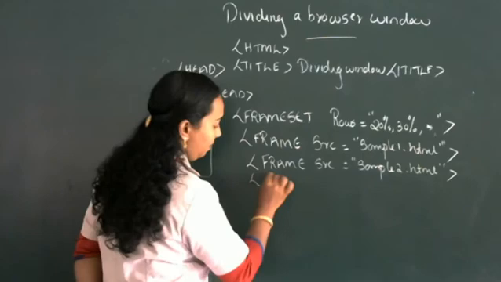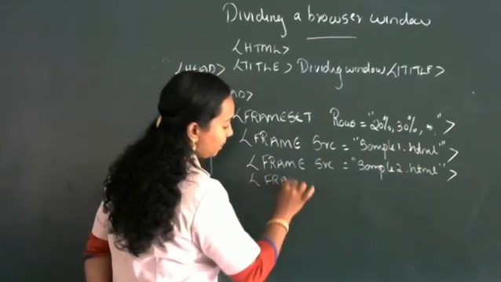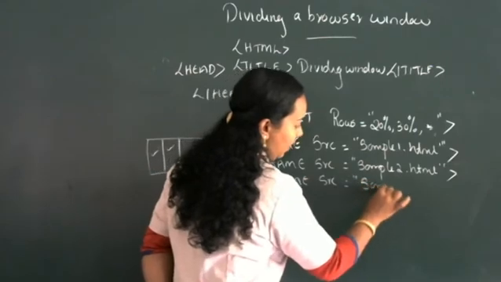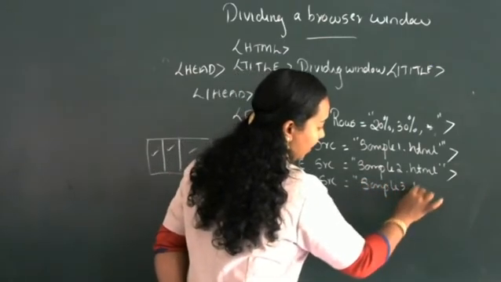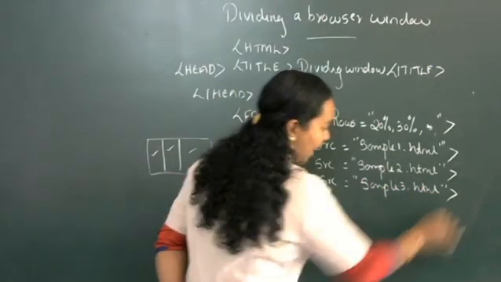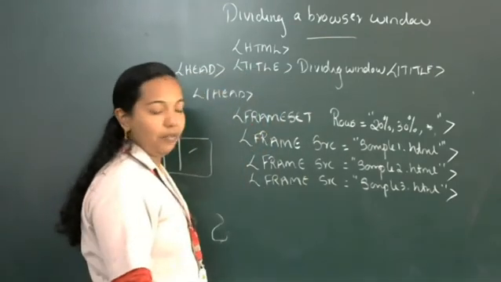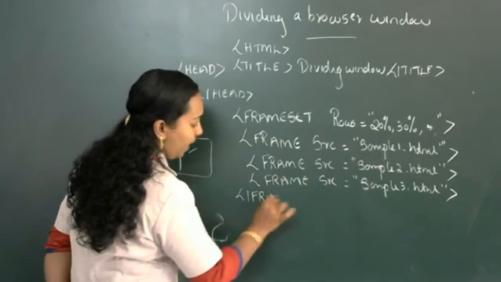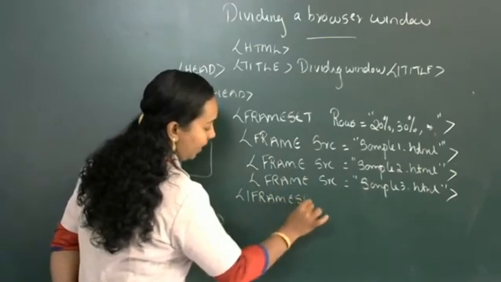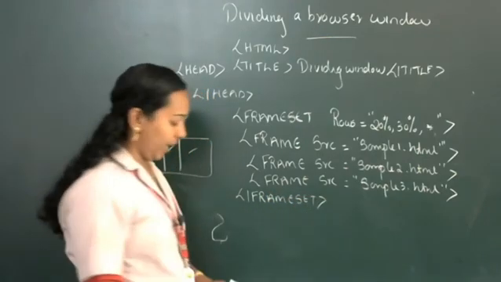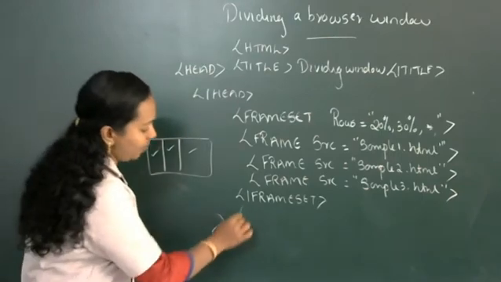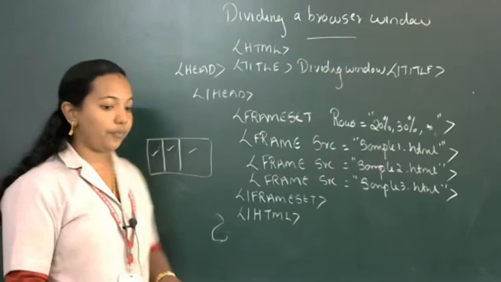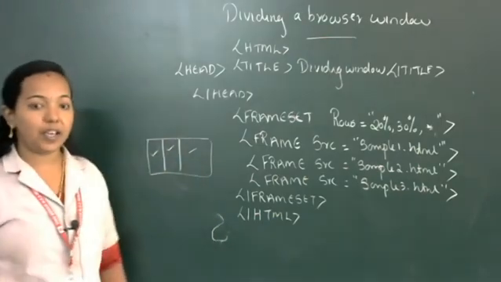Then in the third frame, src is equal to sample3.html. Once all the frames are over, close the frameset tag and close the HTML tag.